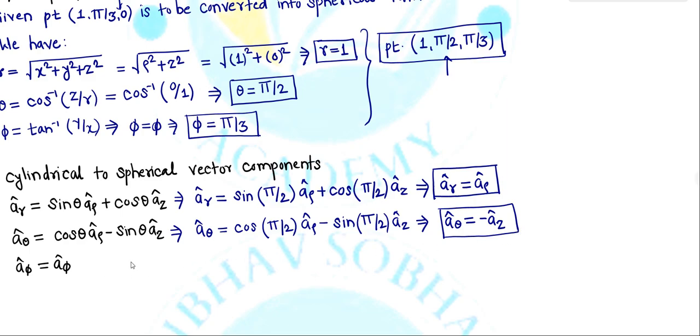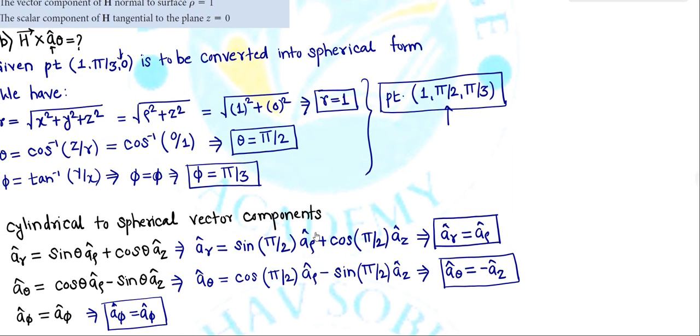And this phi component will be constant, or you can say it will be as it is here. A phi is the same as that of a phi. Okay, so we have the r, theta and phi values over here. Now we are going to take its cross product. One more thing, what is likely to happen with this one?